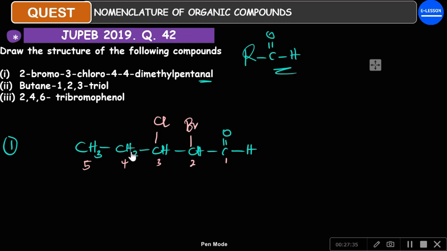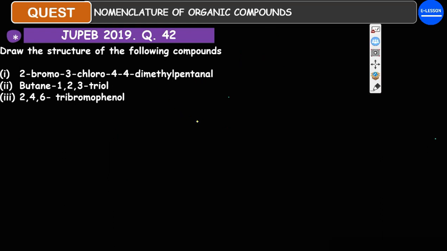For every substituent you attach, remove one hydrogen. So I add one substituent, which is methyl, CH3. Now, at position number 4 too, we have another substituent. So I'm going to erase one hydrogen again, and then I have CH3. So that is the compound they want you to draw, which is this. Is that okay? So this is the compound for the first one: 2-bromo, 3-chloro, 4,4-dimethyl pentanal. Is that alright?